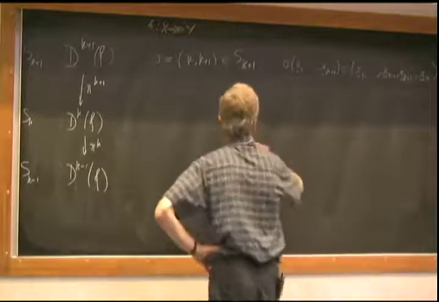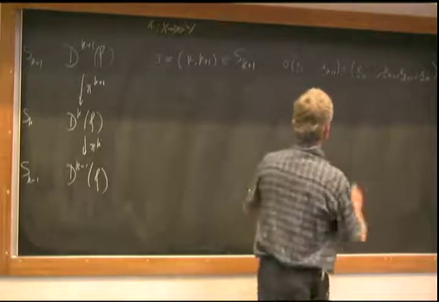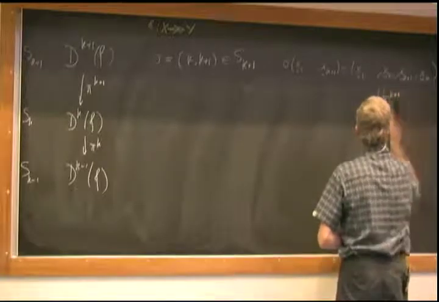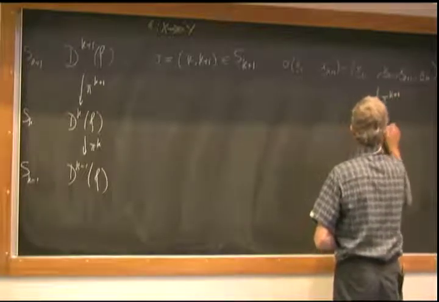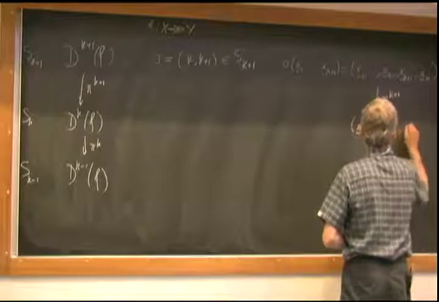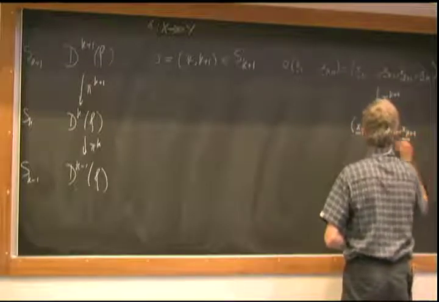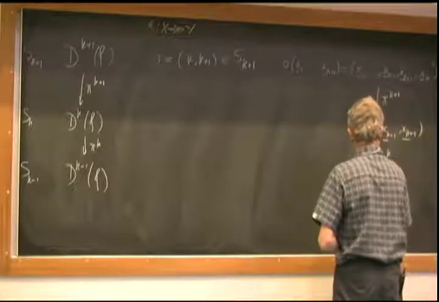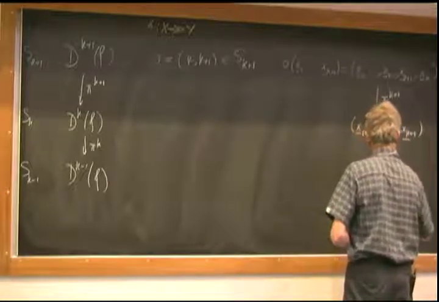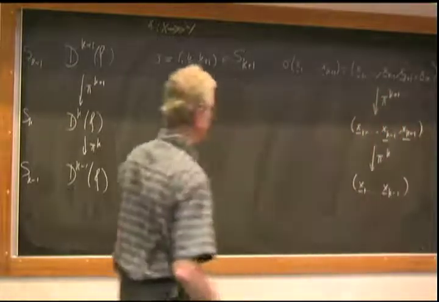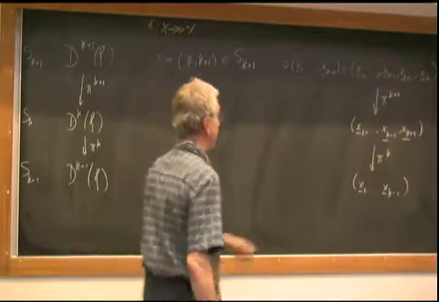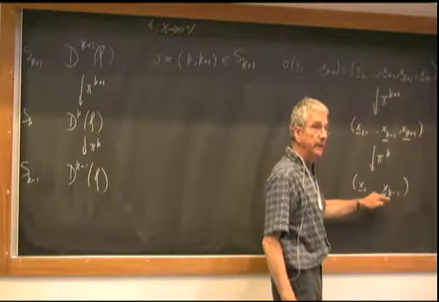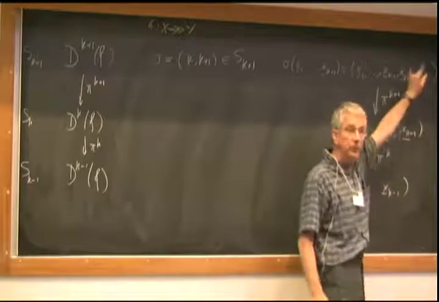Now, if I map this by pi_{k+1}, I get down to (x_1, ..., x_{k-1}, x_{k+1}). And if I map down by pi_k, I get to (x_1, ..., x_{k-1}). So actually, after carrying out these two projections, the effect of interchanging the last two coordinates has disappeared.